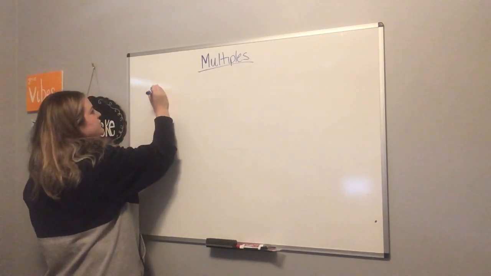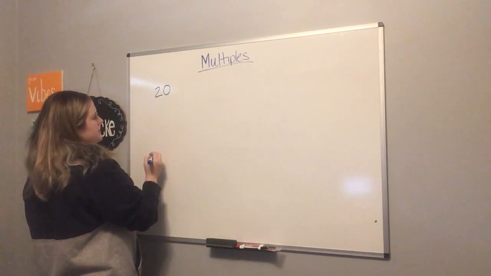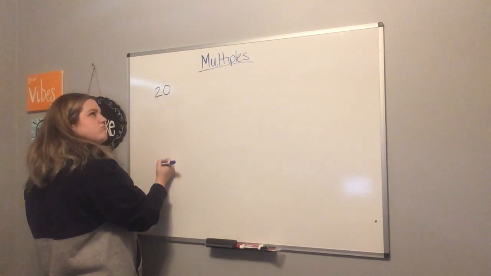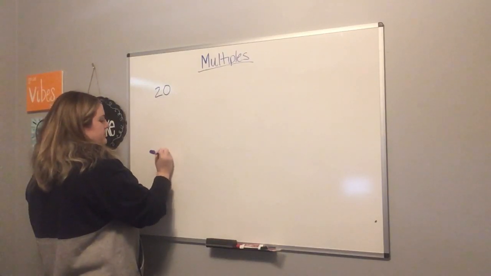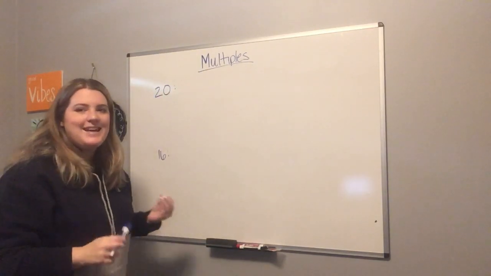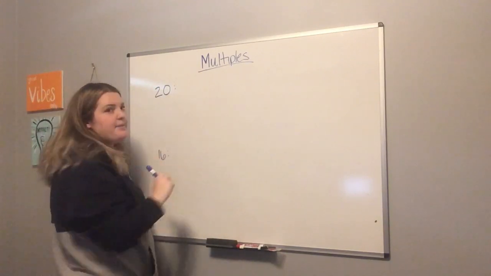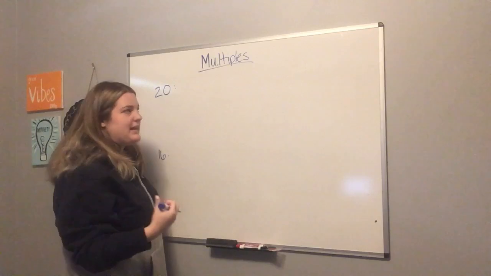So if you had the number, let's say 20 and 16. Okay? This is going to get difficult. So I'm going to start with the 20. I can skip count by 20s. It's just like skip counting by 2s, but adding a 0.